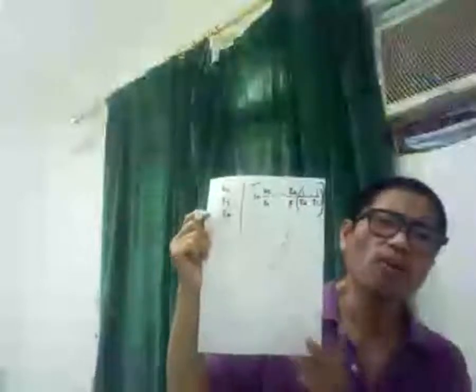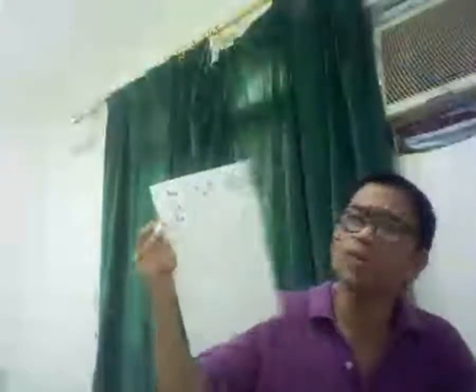So K2. What can you notice here, class? K2. How can you do this, so that you can remove the ln?